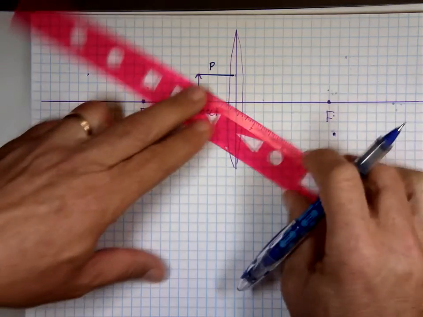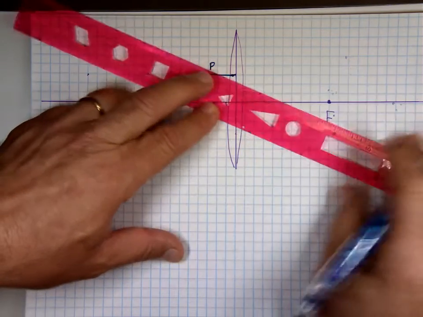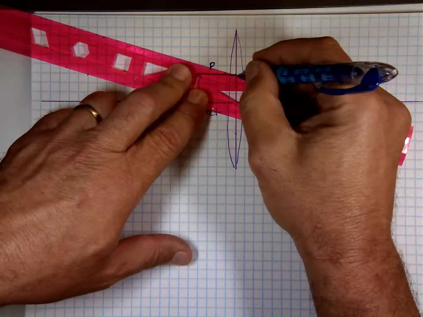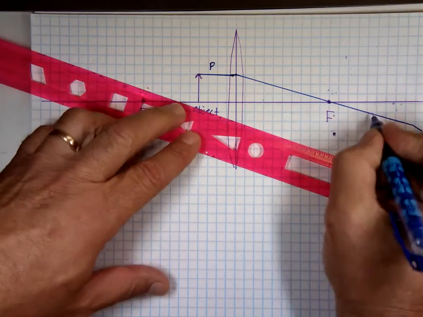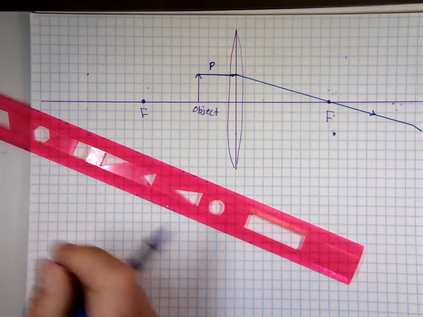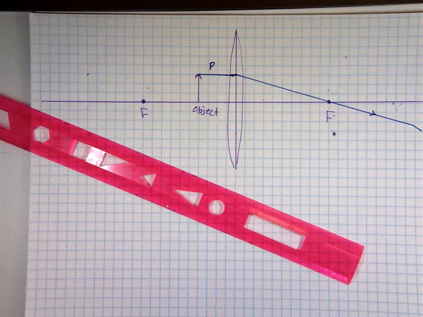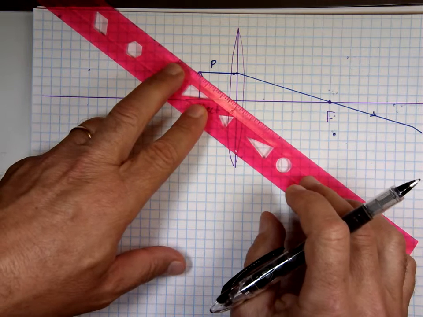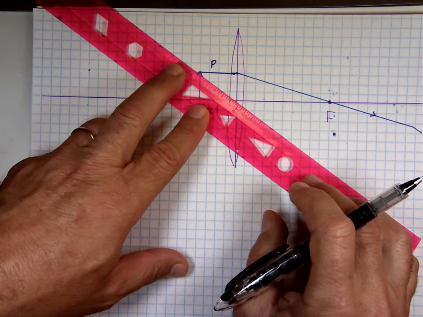Again, it hits this one, and is going to bend going through the focal point. That's the P ray. The M, I already grabbed the black color, so I'll go with the M since I already grabbed it. Going through the middle of that and never bends.